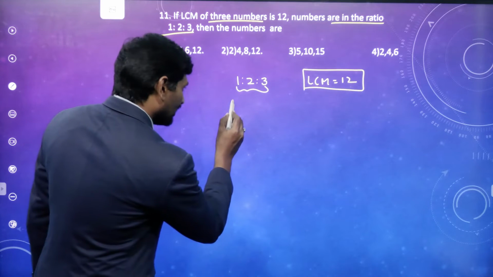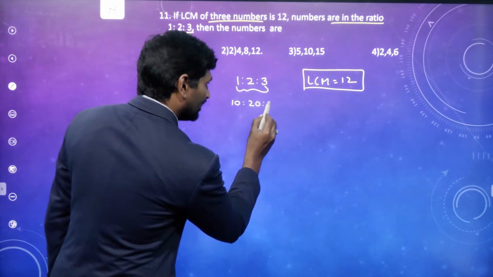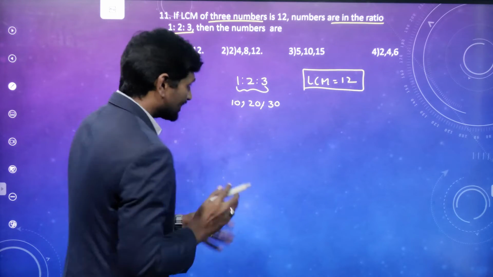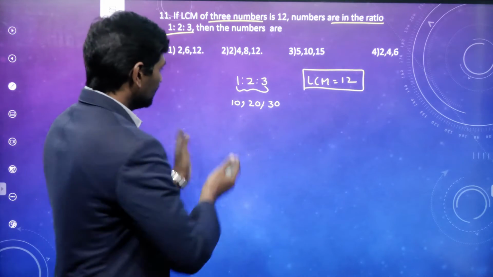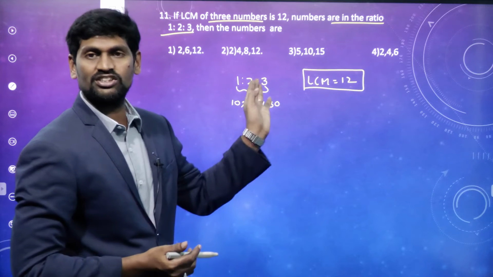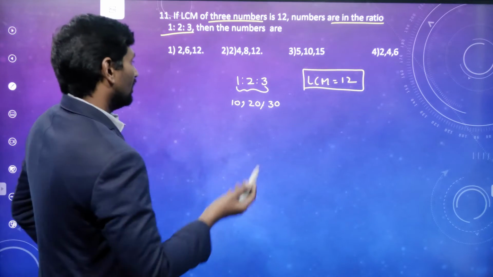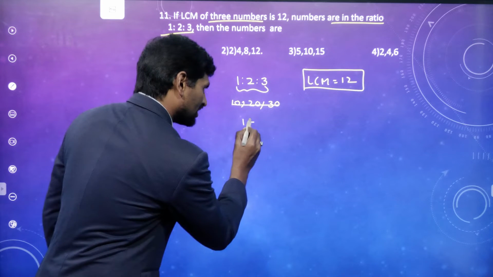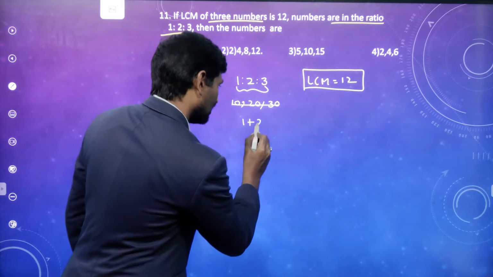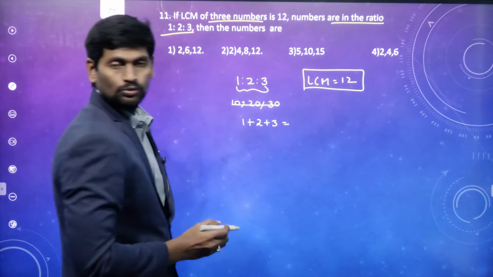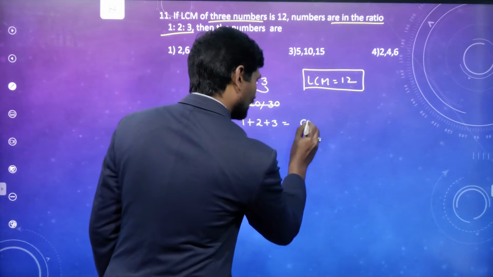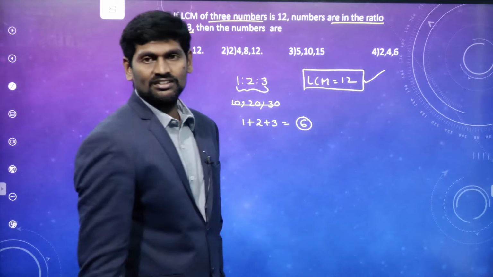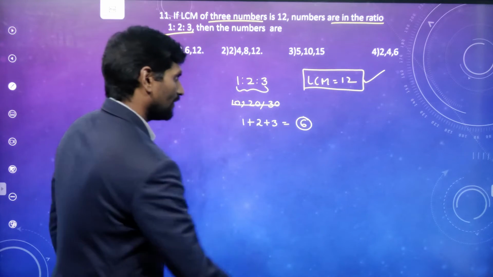Like the numbers can be 10, 20, 30, because these 3 also follow the same ratio 1:2:3. Okay? Before that, let me check their sum. I am just adding 1 plus 2 plus 3, which is nothing but 6. But what is the LCM here? 12. LCM is 12.